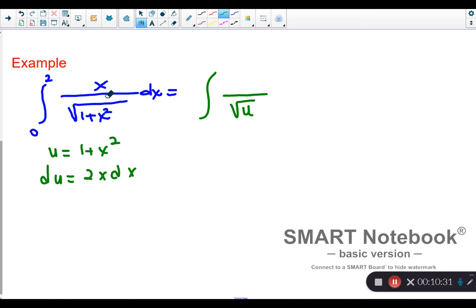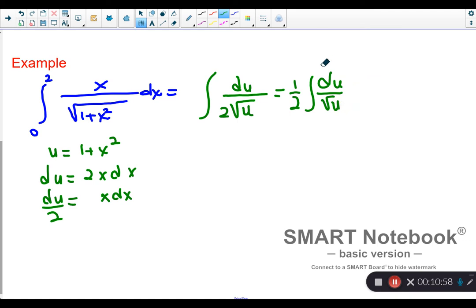On the top you see x dx, so I come down here. What is x dx in terms of the u variable? x dx is du over 2. So I can put du over 2 in here, du on the top, 2 on the bottom. In the next step, I'll factor the 1/2 outside, and so I have du over square root of u.